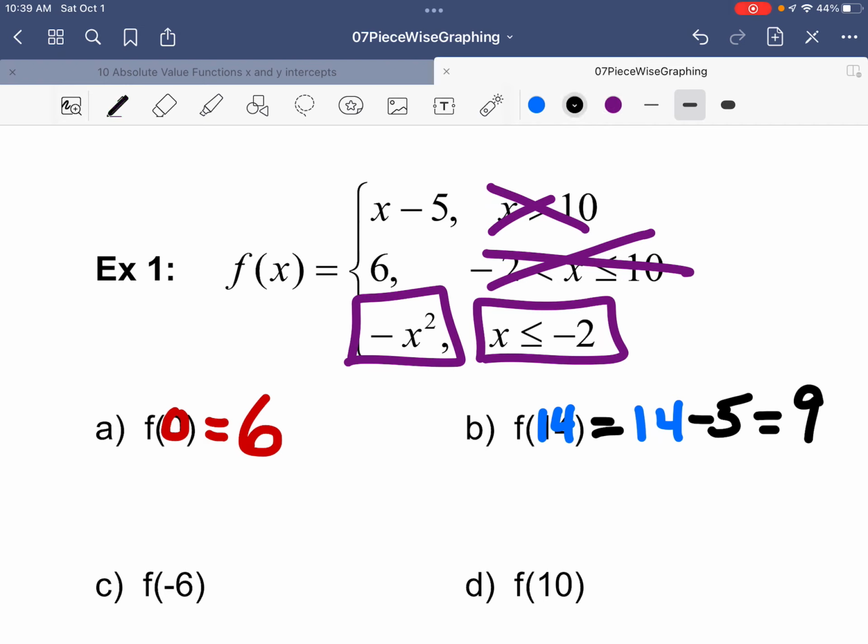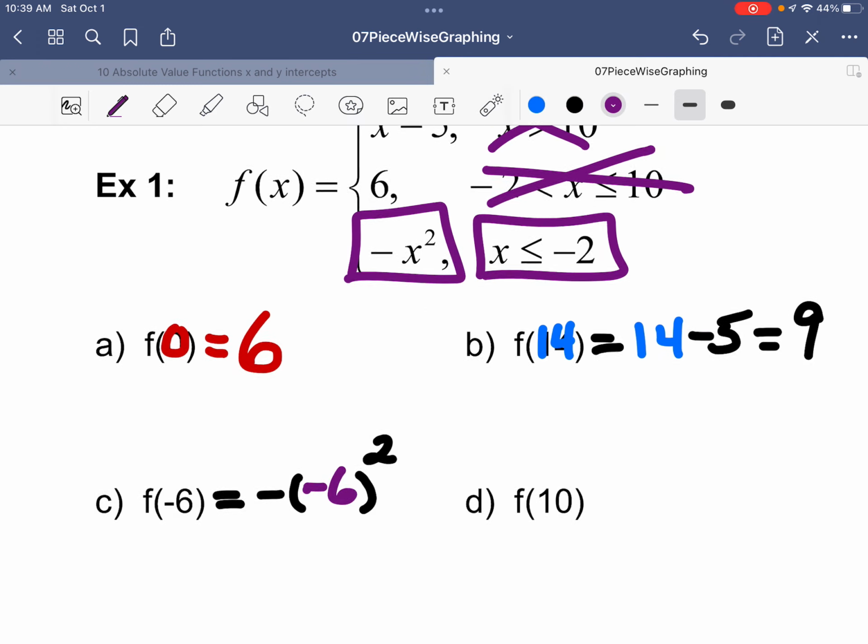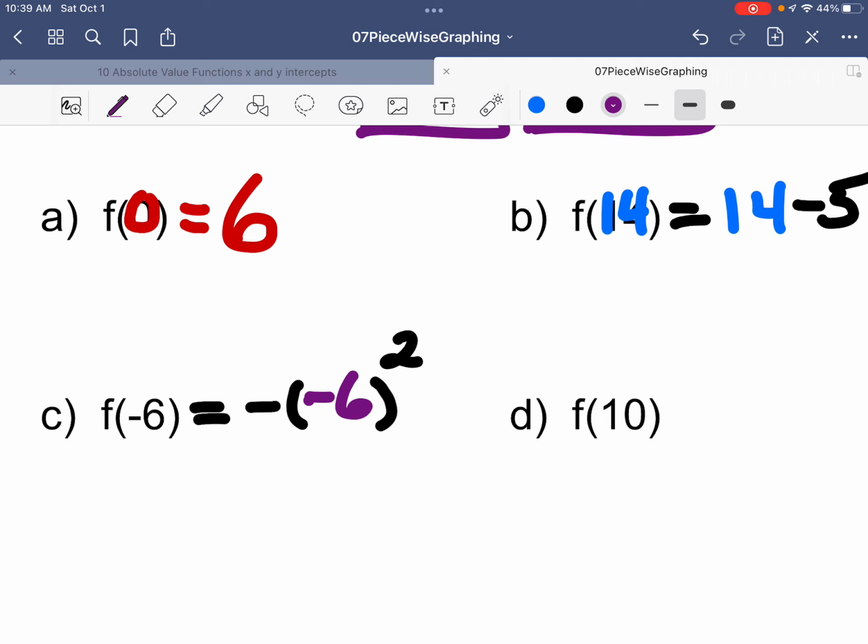Now, when I plug into the -x² piece, I do need to be careful, mainly because there's a negative sign and because there's the square sign, so I've got to be careful about my math. Basically, my order of operations says that you need to do the exponent first. And notice that what I'm trying to insinuate here is that the exponent is only on the -6.